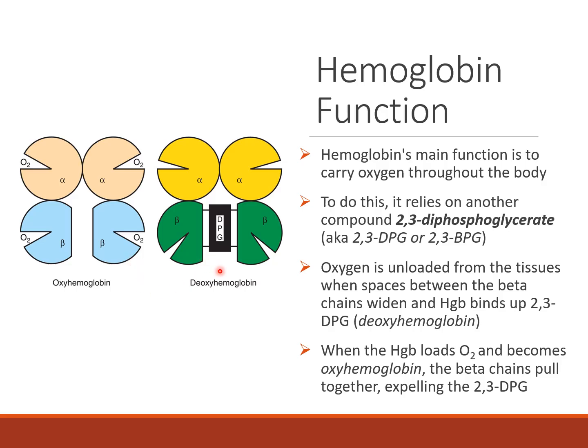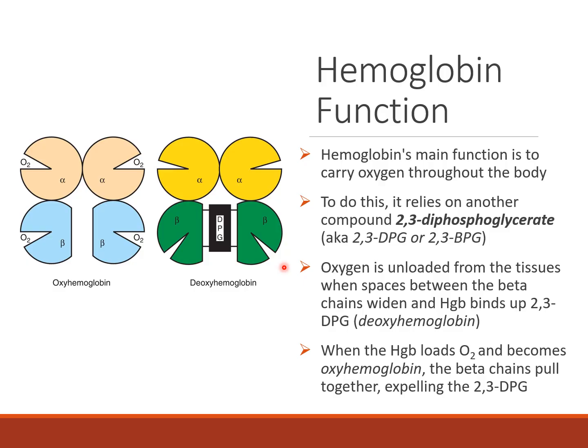But when there's an increased need for oxygen, this 2,3-BPG will come in here, brace itself between the 2 beta globin chains, and cause a conformational change, or shape change, in the beta globin chains that causes the oxygen to be popped off of all of the hemoglobin. So this is going to indicate a decreased affinity for oxygen.